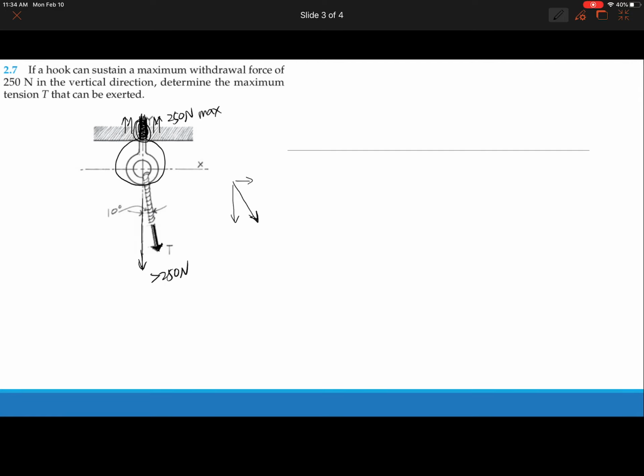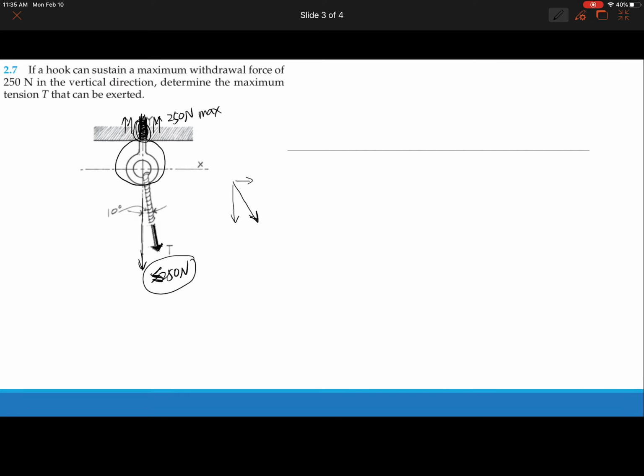If you have any vertical force going down bigger than 250 Newton, this hook is going to be pulled out from the ceiling. So you want to make sure the force in the vertical downward direction is smaller or equal to 250, so that the hook can be safely attached to the ceiling as is.